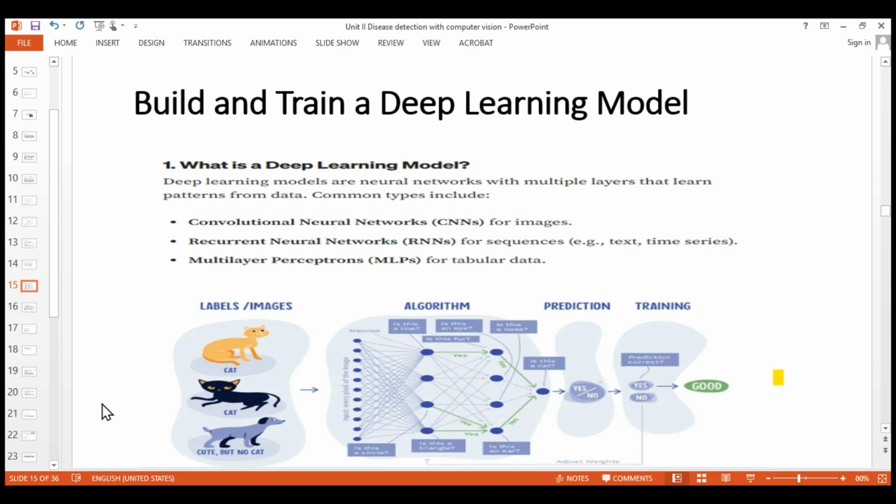And we need multiple images for doing the classification, either with a convolution network, recurrent neural network, LSTM or multi-layer network. So we need a lot of images first, and when it is given to the algorithm, it predicts whether it belongs to any category or not.